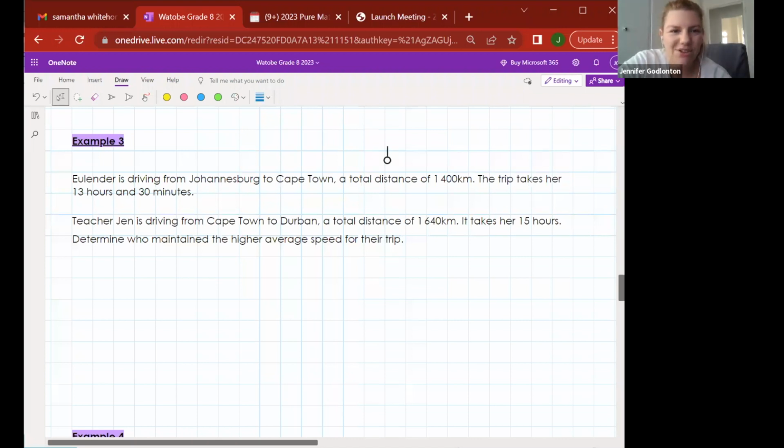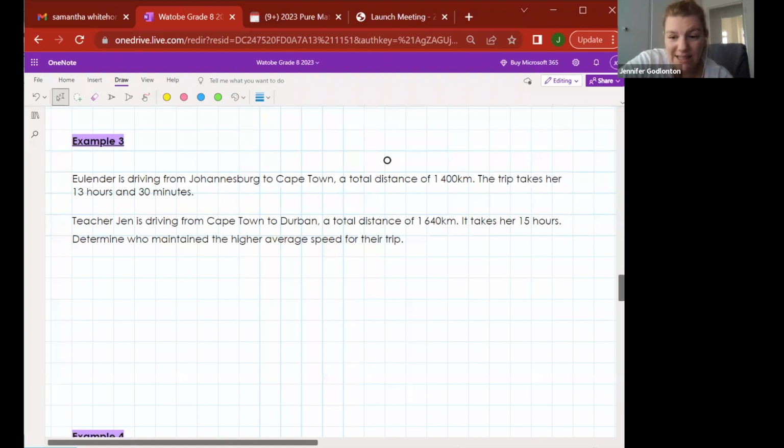The trip takes her 13 hours and 30 minutes. Teacher Jen is driving from Cape Town to Durban, a total distance of 1,640 kilometers. It takes her 15 hours. Determine who maintained the higher average speed for their trip.